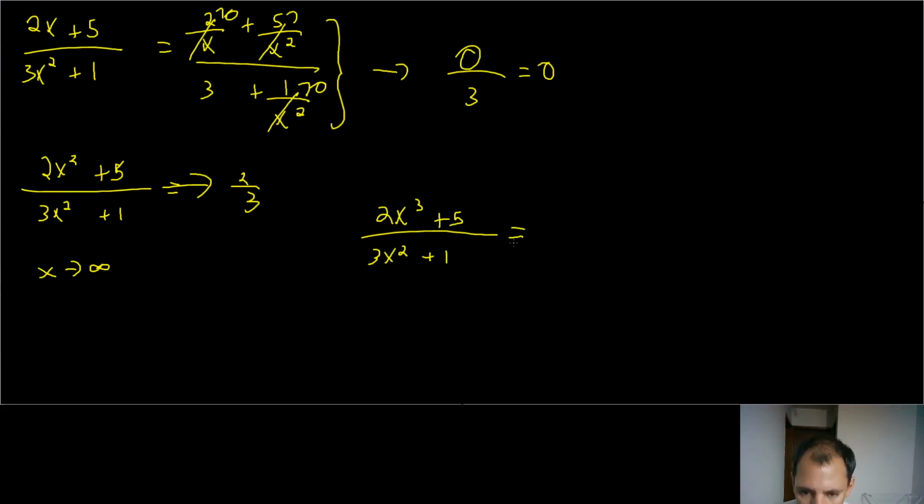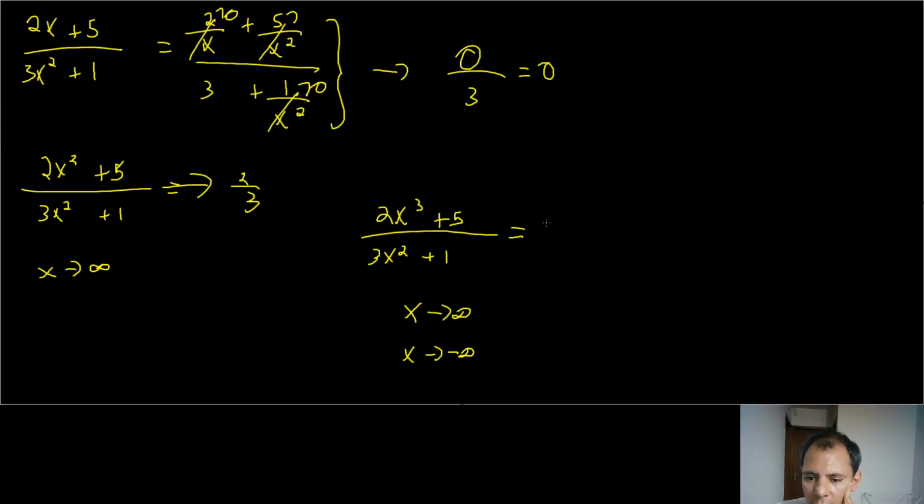Okay, let's see here. I'd say that as x approaches infinity, it's going to be infinity. So this is going to be positive, and this doesn't really matter. As x approaches negative infinity, I say this approaches negative infinity because x cubed is going to be negative infinity.